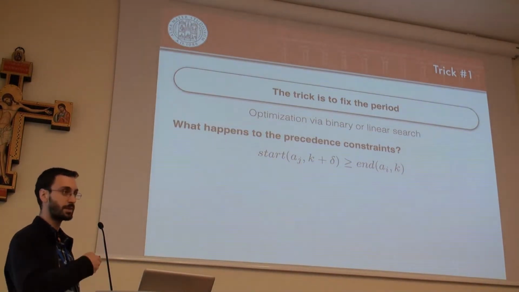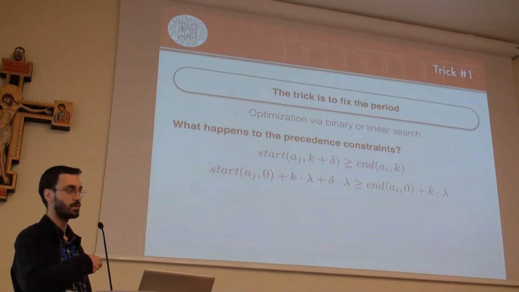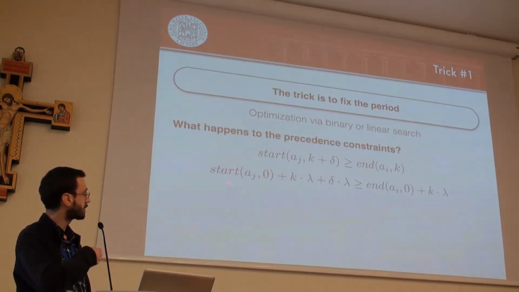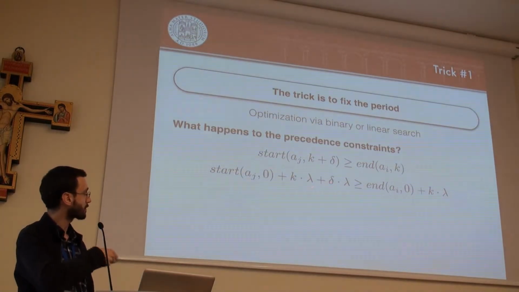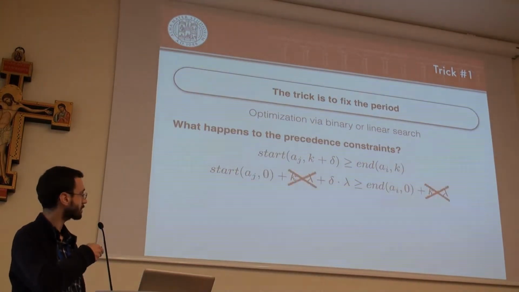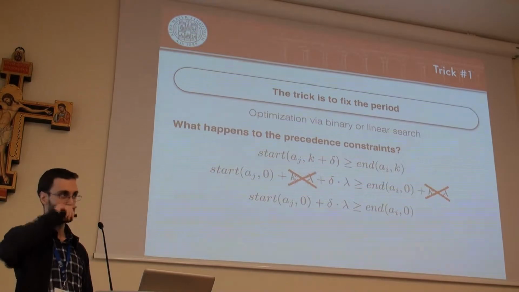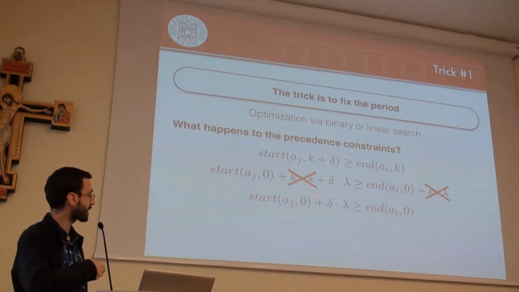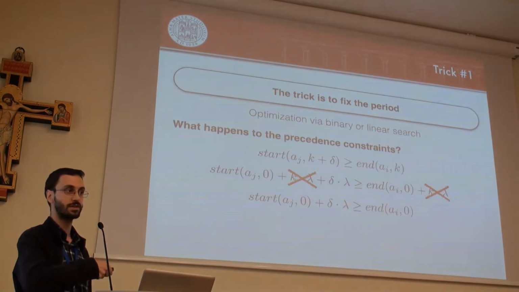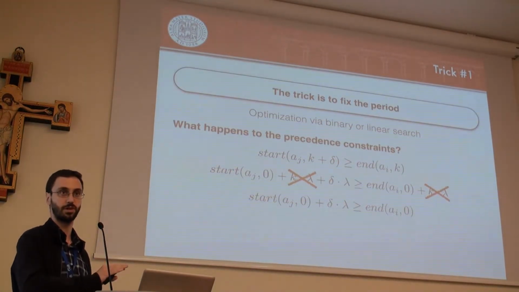If we plug in the periodicity, we get this. We can decompose the start time in this sum and the end time in this other sum. We may notice that those terms cancel each other, and so we get this, which tells us two important things. The first one is, if the precedence constraints are satisfied for execution 0, then they're satisfied forever in a periodic schedule.